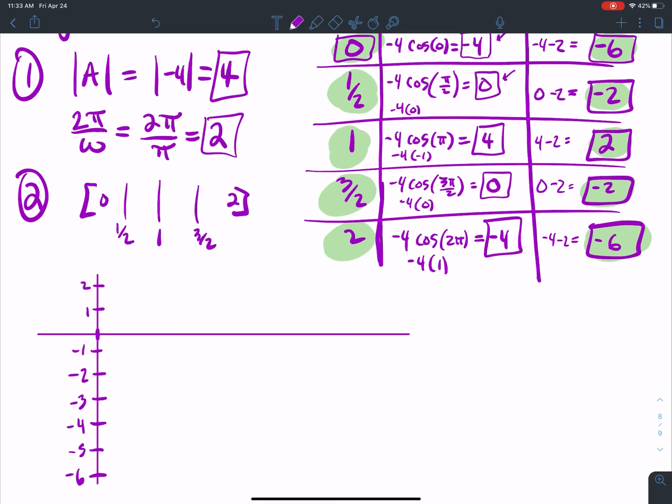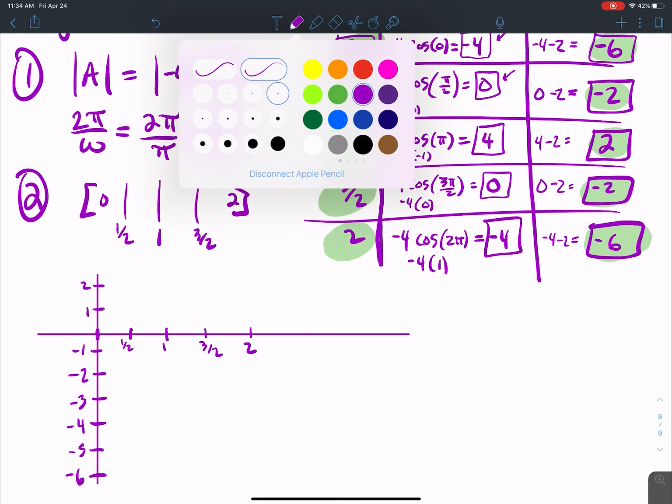So 0. Let's do this. We're going to make the scale a little bit different on the x-axis, just so we can spread this out a little bit more. So there we go. All right, so now we're going to be able to see the cycle a little bit better.